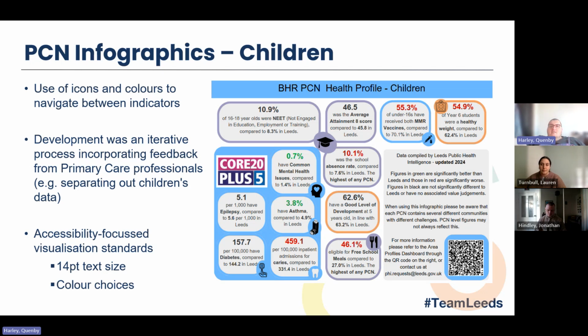A couple of the key things are using a consistent 14-point text size for readability, and the color choices are specifically chosen to be compatible with some forms of colorblindness. That's a fairly complex thing to work around, but there's been a lot of work that's gone into trying to make them as accessible as possible.